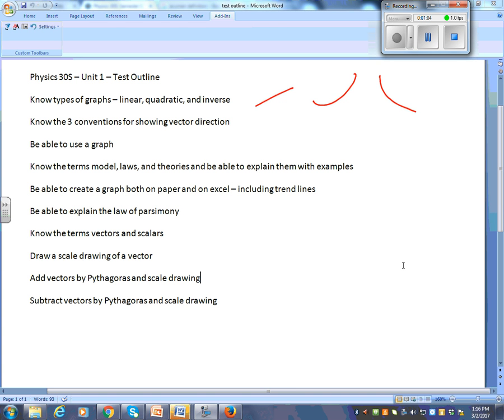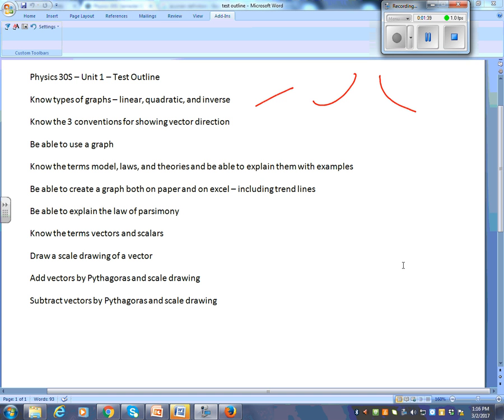Something like 30 degrees south of east, or east 30 south, or bracket 120, bearing 120 would all be the same. That's what's called the bearing.